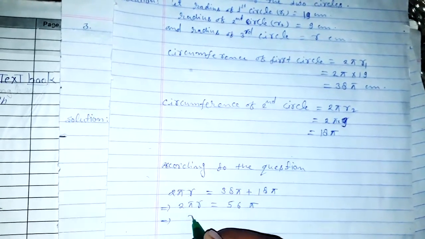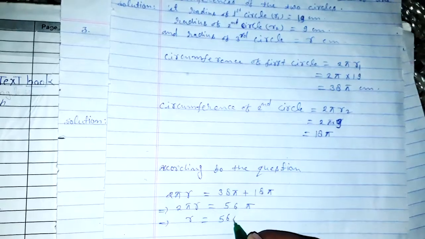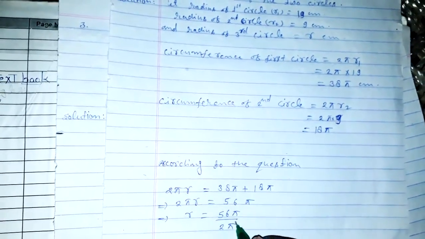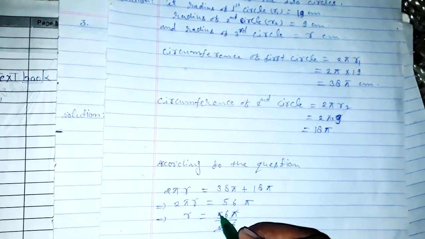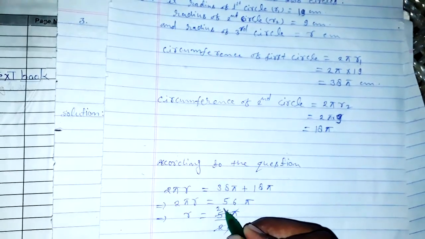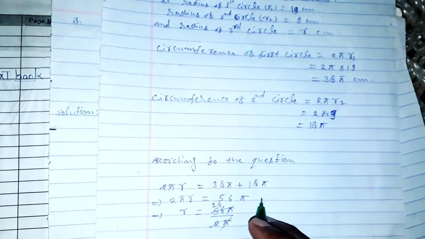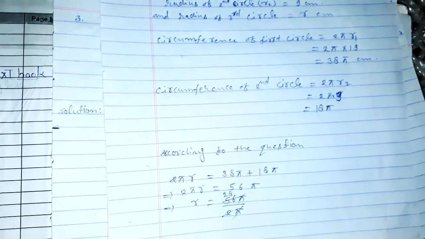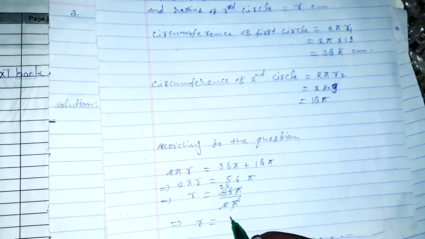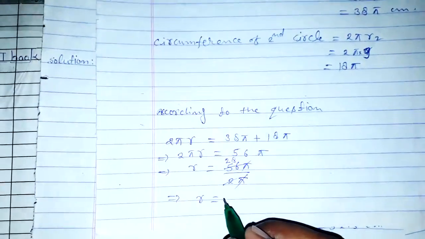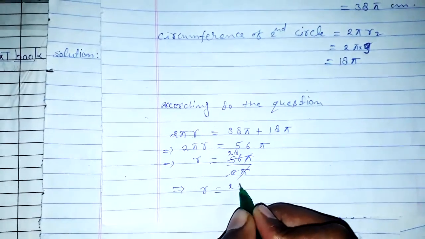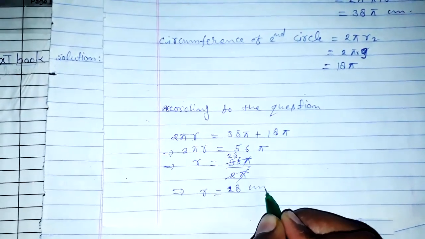So r is equal to 56 pi divided by 2 pi. Pi and pi cancel out. 2 twos are 4, and 2 eights are 16. So r is equal to 28 centimeter.